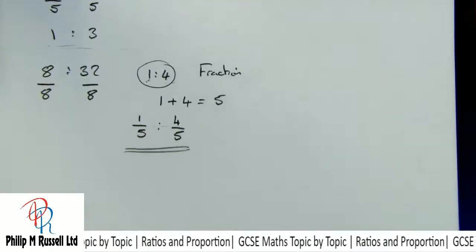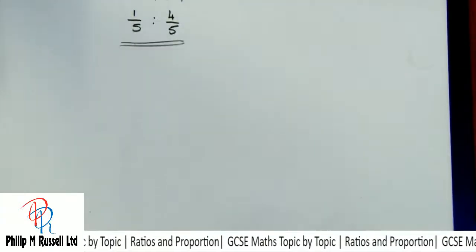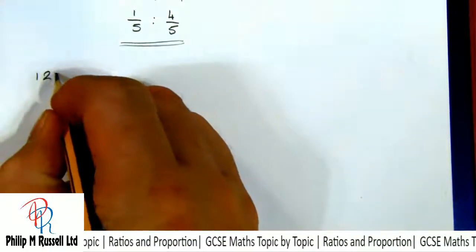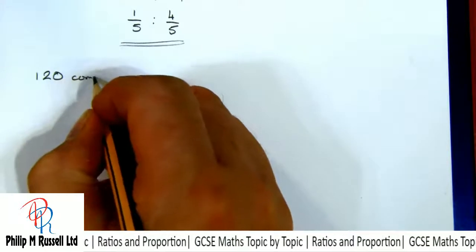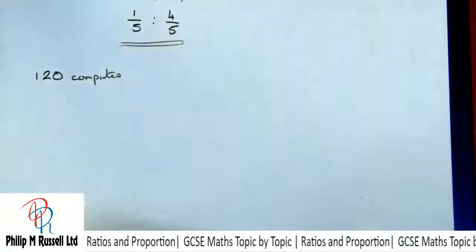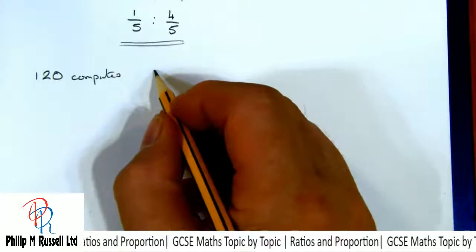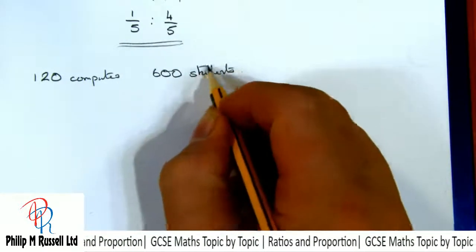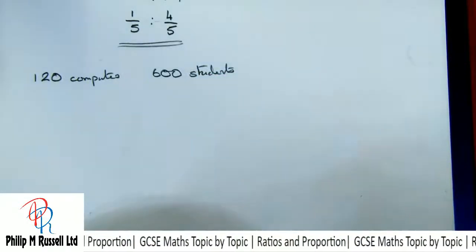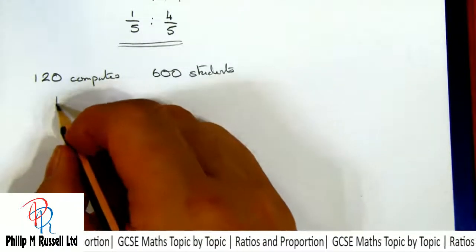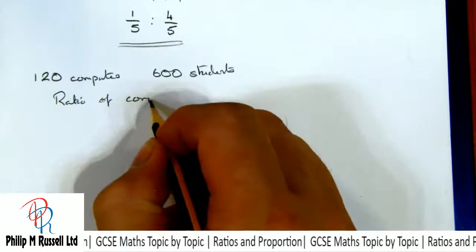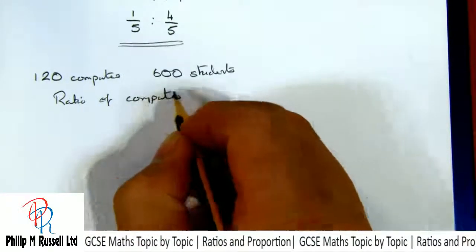Let's have a look at a longer type of problem. Perhaps in a school there are, let's say, 120 computers, and there are 600 students in the school, and we want to work out what is the ratio of computers to students.